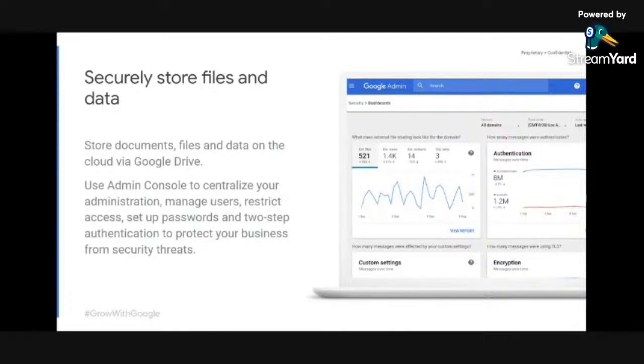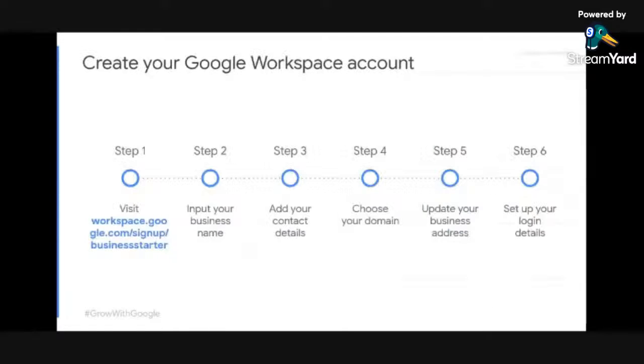First, you need to visit workspace.google.com/signup/businessstarter. Once you've done this, click Get Started and follow the steps below. Step 2. Enter your core business details. That includes your business name, the number of employees, and your location.